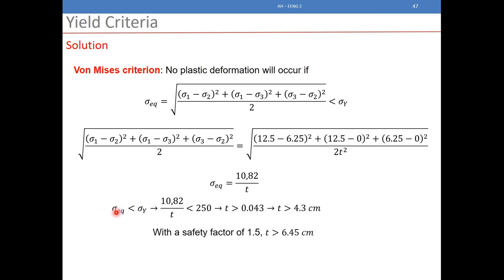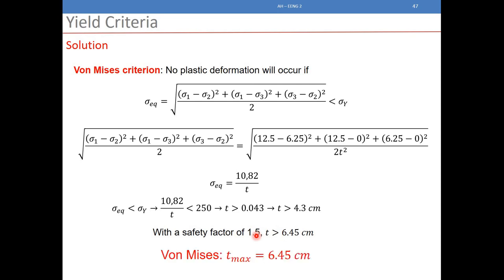If I compare this term to sigma y, we find that the thickness should be greater than 4.3 centimeters. If we use a safety factor of 1.5, we multiply this value by 1.5, which means theoretically, using Von Mises, to design this cylinder I need at least 4.3 centimeters thickness, or 6.45 centimeters if I want some safety.